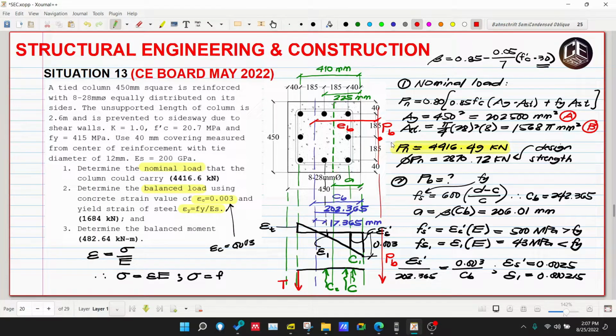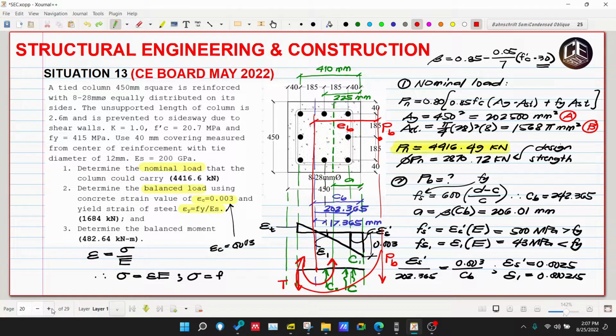So, bakit siya magiging balance? Kasi kapag nag-moment tayo rito, ang sagot ng PB sa point na yan, is sasagutin naman ng tensile loading na nandito. Okay? So, isa-isayin natin.